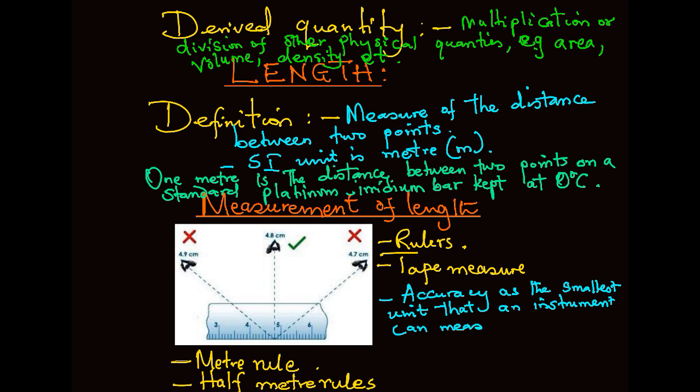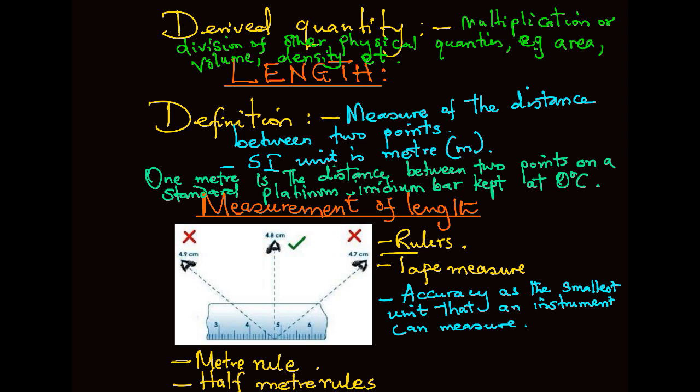Various devices have various accuracies. Like the accuracy of a meter rule may be different from the accuracy of a tape measure. The accuracy of a ruler is different from the accuracy of vernier calipers and the rest.